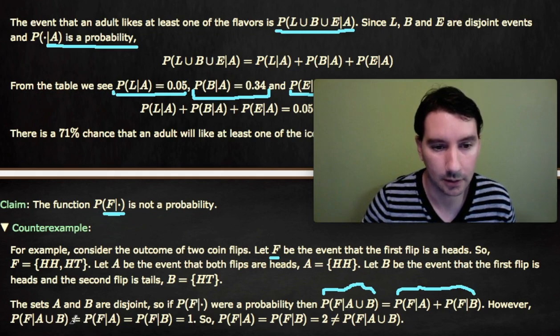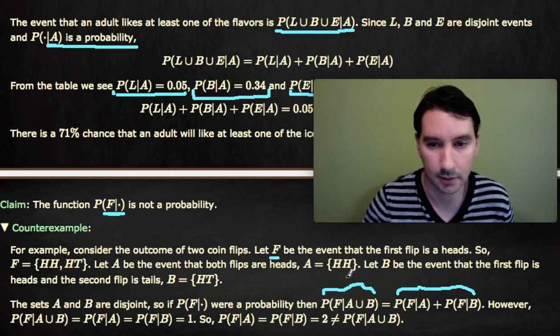So if we're given A union B, which means that either heads heads or heads tails occurred, we know F occurred because F is either heads heads or heads tails. If heads heads occurred, then F occurred because F includes heads heads. And if heads tails occurred, then F occurred because F includes heads tails. So the probability of any of these conditions is 1.